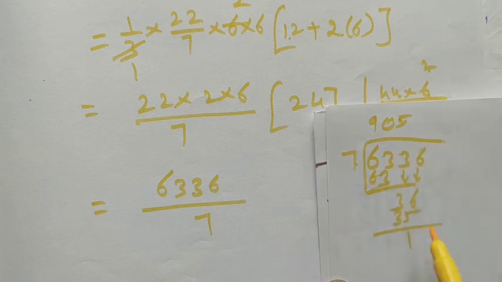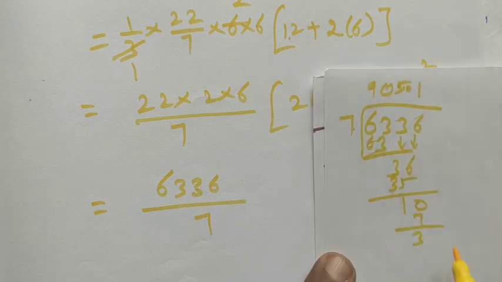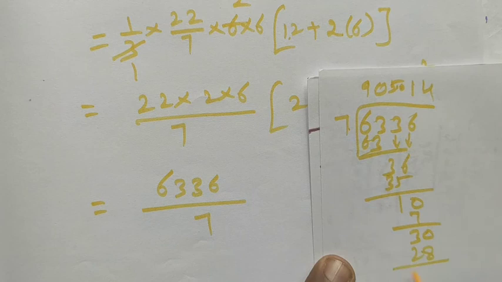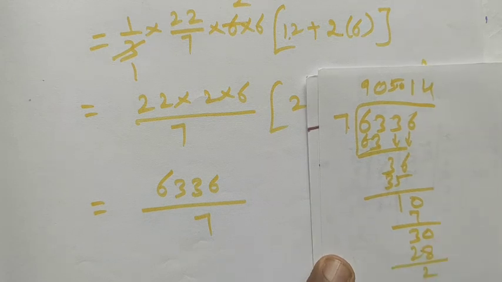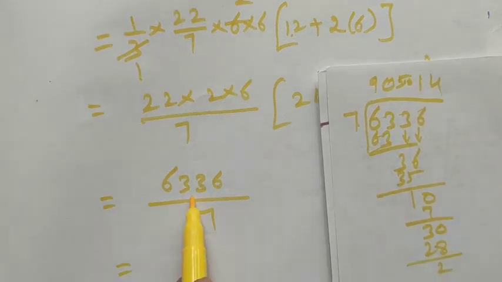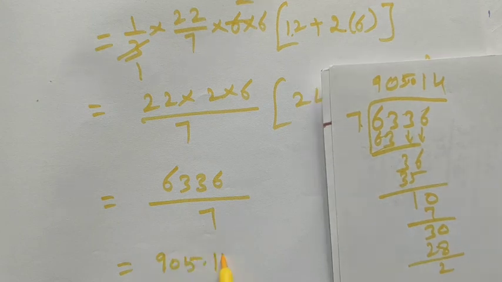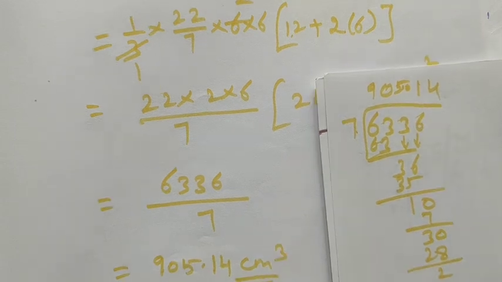Put a point and add 0. 7 1s are 7 and then the remainder is 3. Add 0. 7 4s are 28 and then 2. We get that 6336 divided by 7 is 905.14 centimeter cube, because we are finding the volume.